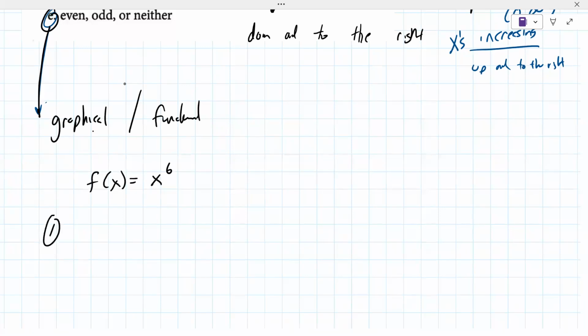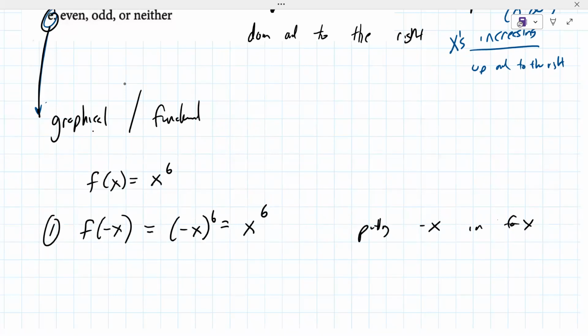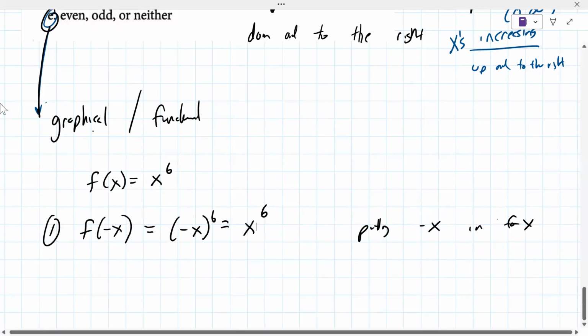Okay. So you're given a function which is x to the sixth. The first thing you do is evaluate f of negative x. That means you're putting negative x in for x. So it's negative x to the sixth. This reduces to x to the sixth. The reason is that negative to a power of 6 becomes a positive.